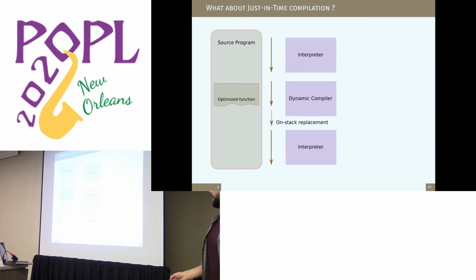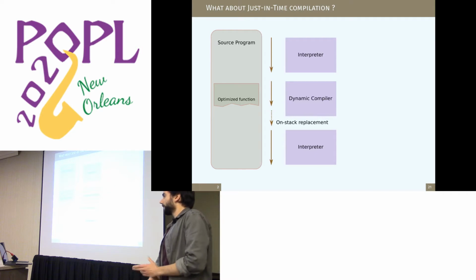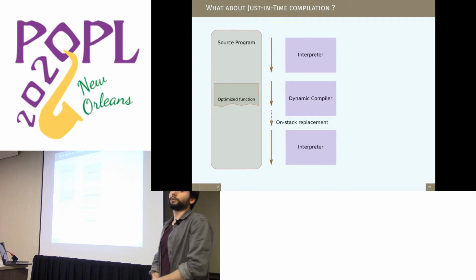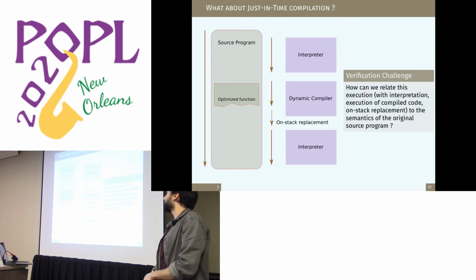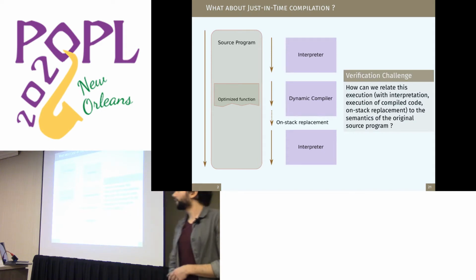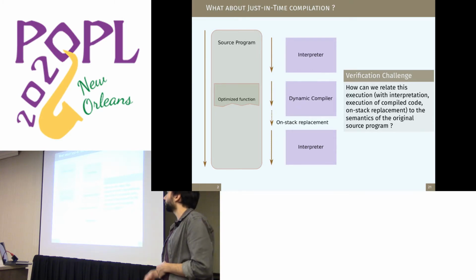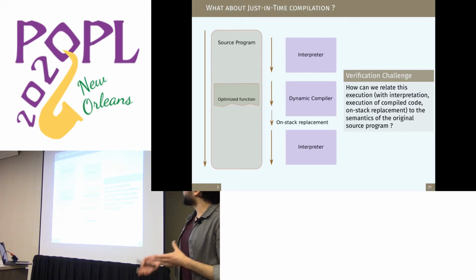So this is, of course, different from the static setting, and this is what we want to formally verify. Our verification challenge is to find a way to relate this execution that interleaves interpretation and execution of optimized code to an original execution of the source program according to its semantics.